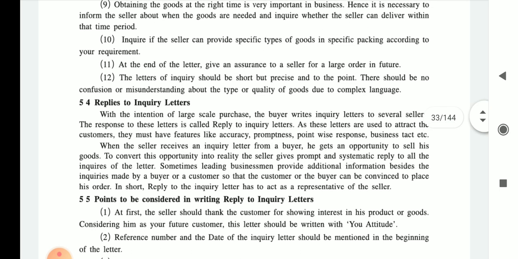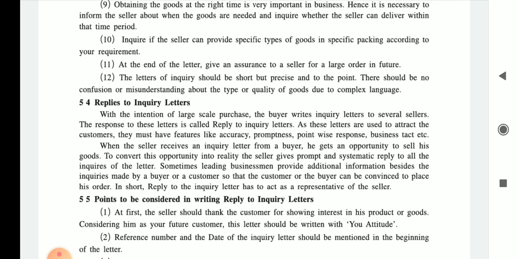So these 3 paragraphs are very important, and they should be to the point, without any ambiguity or unnecessary information that is not useful for the business firm. You have to write only what matters and what you want to know.